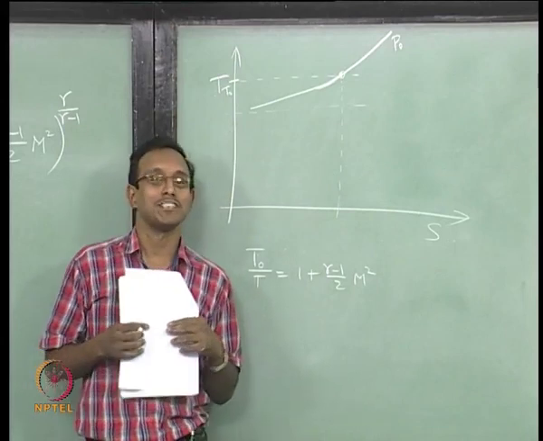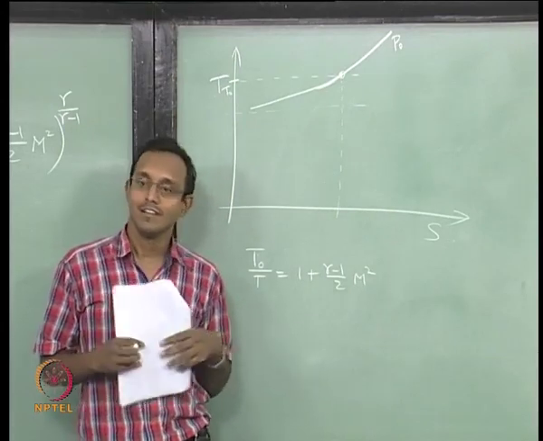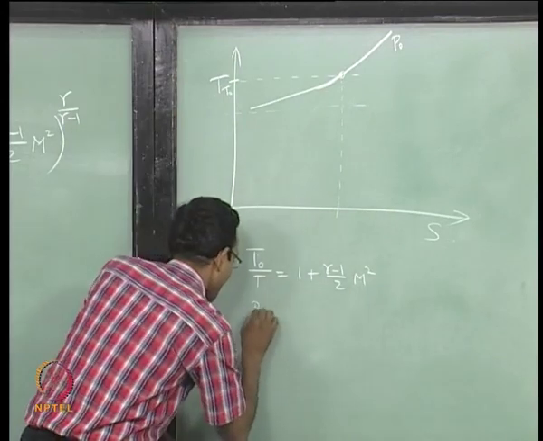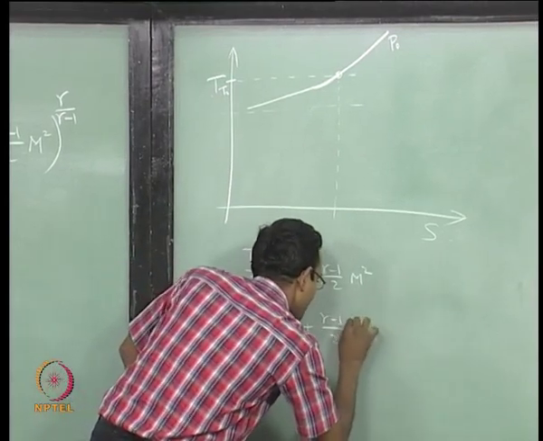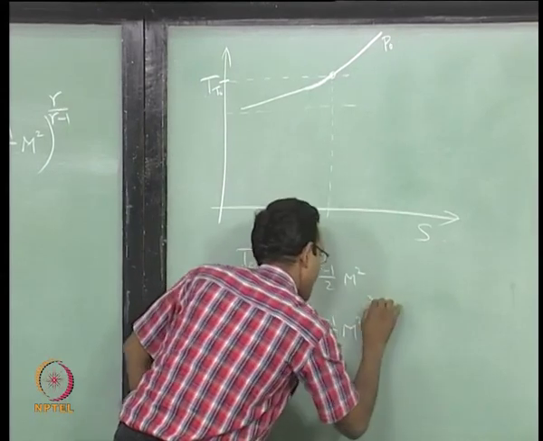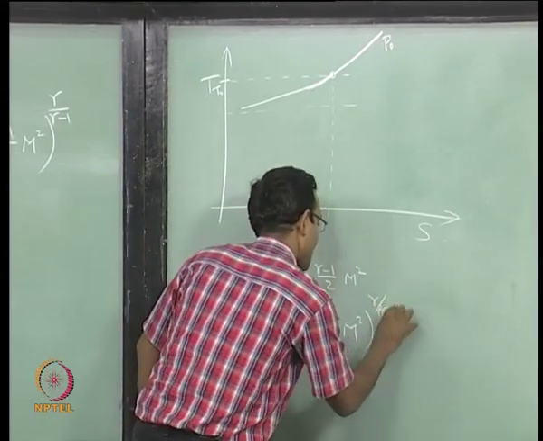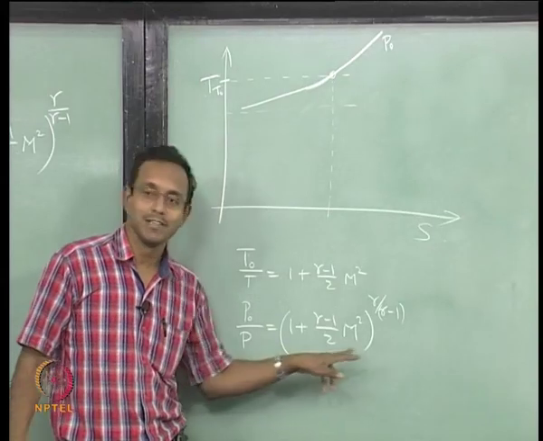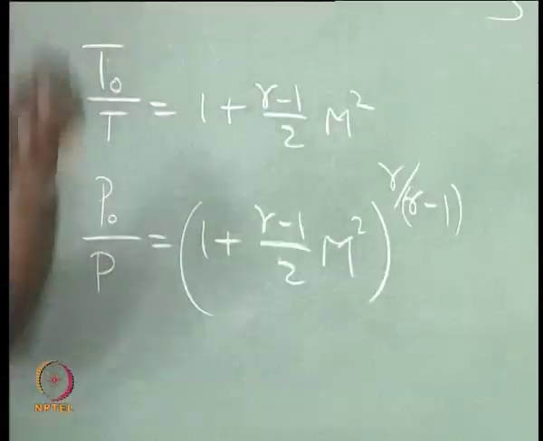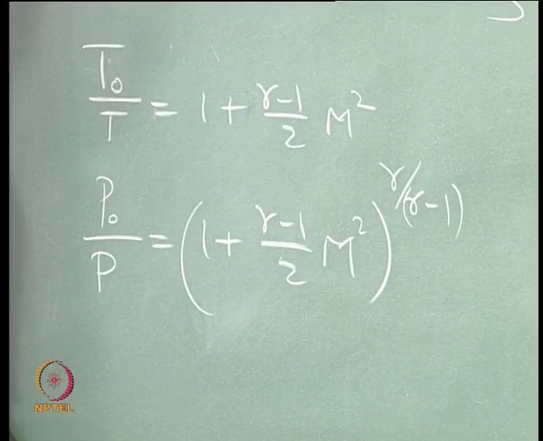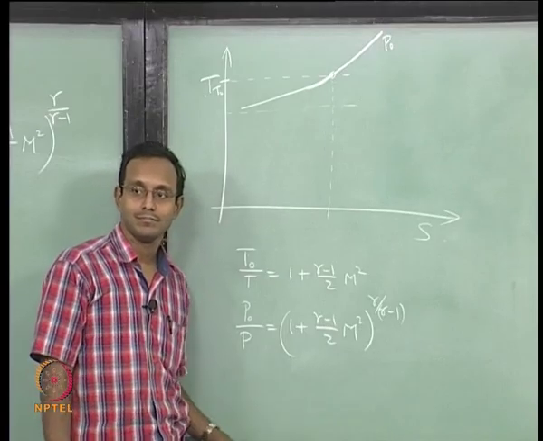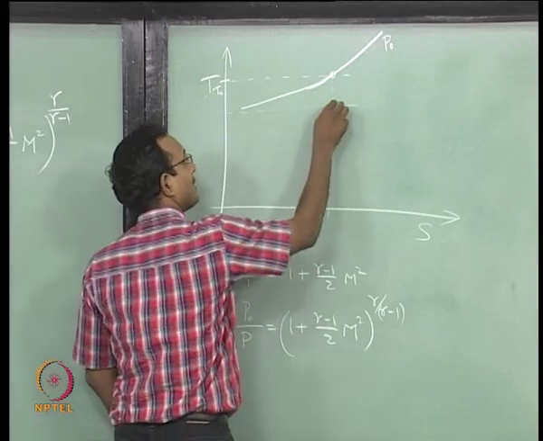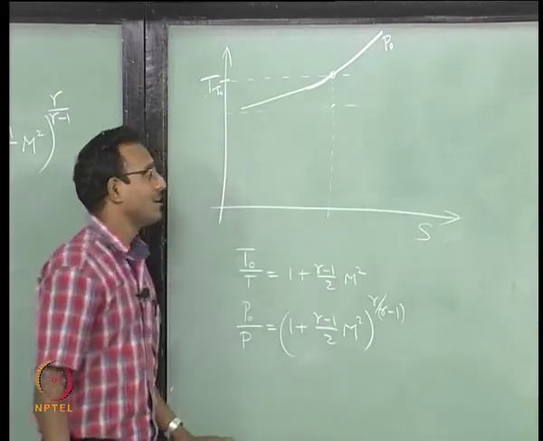Now what will be the pressure corresponding to this? Of course I can do the same thing, write something like this and find out from the plot. How will I tell you what the pressure is? A constant pressure line passing through this point. How am I saying that?